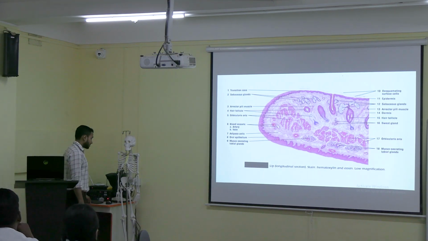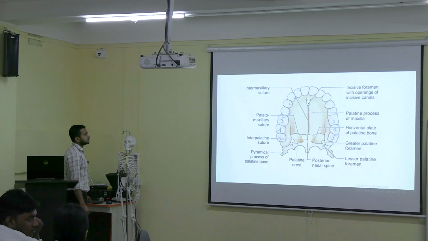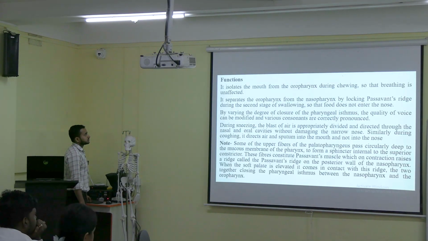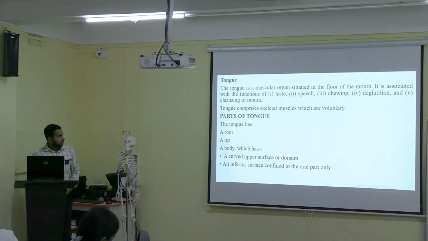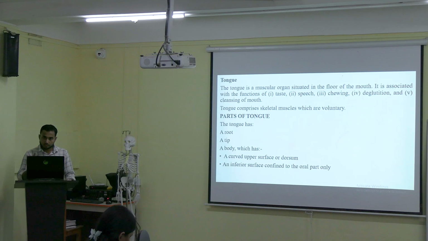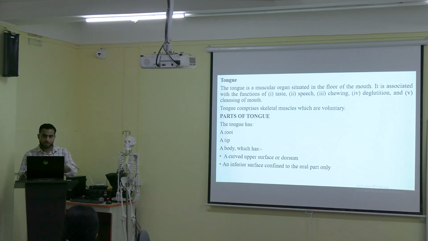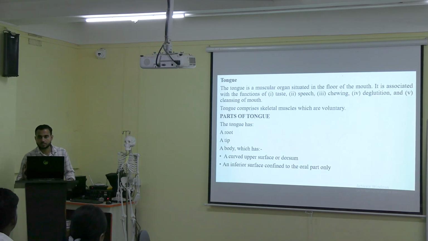Next we'll discuss the tongue. Now listen, the tongue is an important topic, not for histo, but for gross. Questions always come from the tongue, so please take it seriously. The tongue is important for gross and for embryo also.